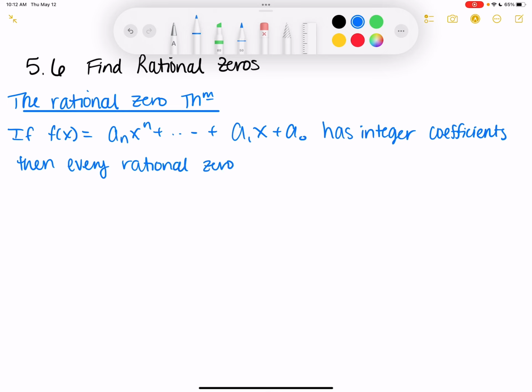I'm still writing A and X. of f, what is that, A0? Yeah, has the following form.